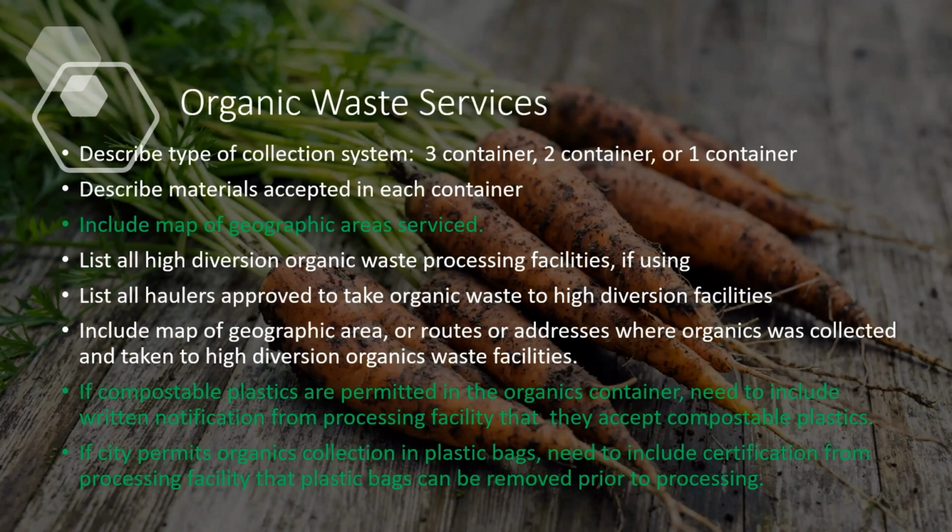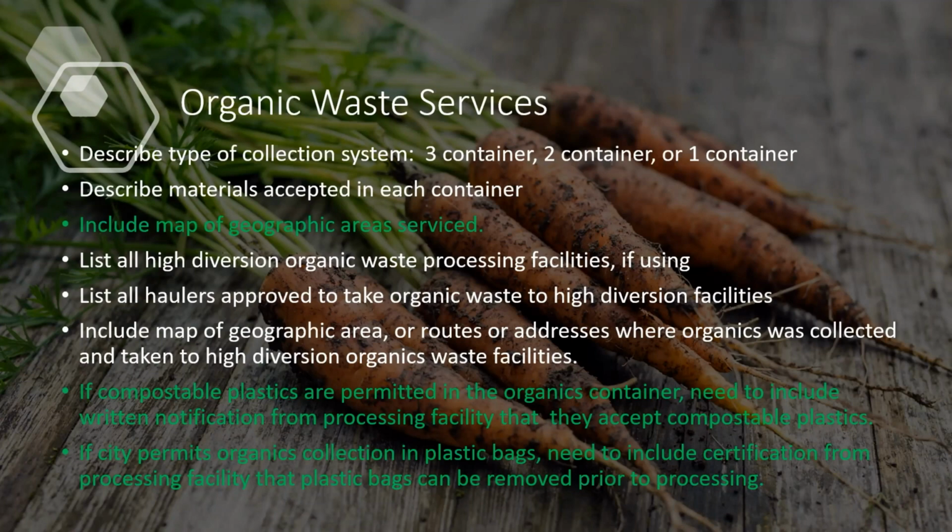And then another thing that may be overlooked if you haven't really read the fine print in the regulation is compostable plastics. The facility that you're taking your organics to, do they accept compostable plastics? And if they do, you're going to need a written notification from that facility that yes, they do accept compostable plastics. That has to be kept in a file.